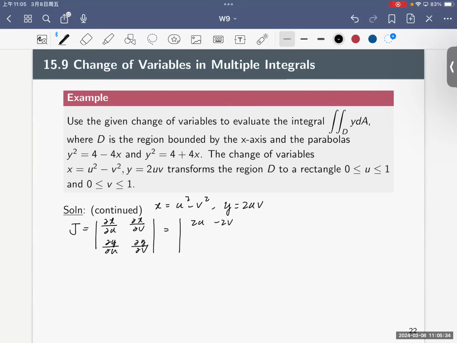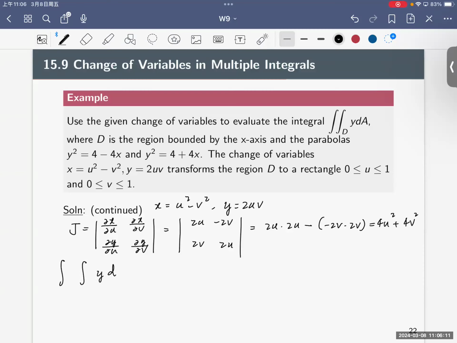Second row, partial y partial u, it is 2v. Partial y partial v, it is 2u. So evaluating this second order determinant, I have 2u times 2u minus negative 2v times 2v. So what I have here is 4u squared plus 4v squared, right?